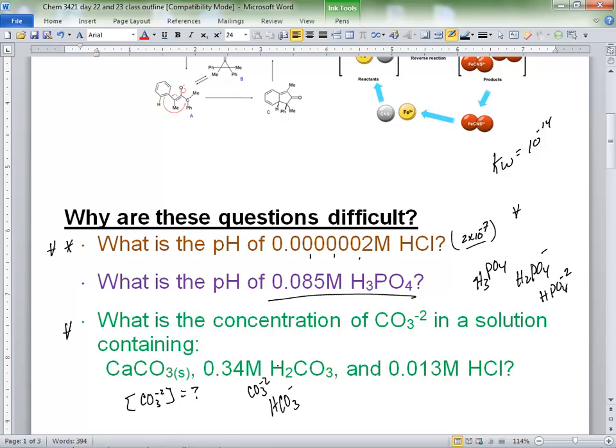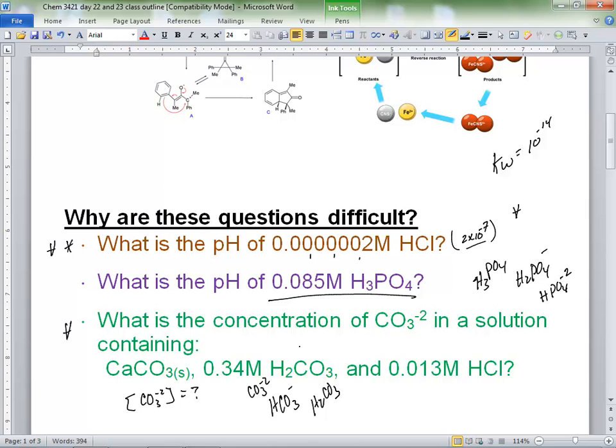Because some of it doesn't dissociate. It's a weak acid, so you have to name it. It exists. These weak acids are almost like precipitates. They just form. They want to form, and a lot of it. Look at all those different forms carbonic acid is in. And then you've got some HCl in there to kind of mess things up too. So there's multiple equilibria going on at the same time, simultaneously.